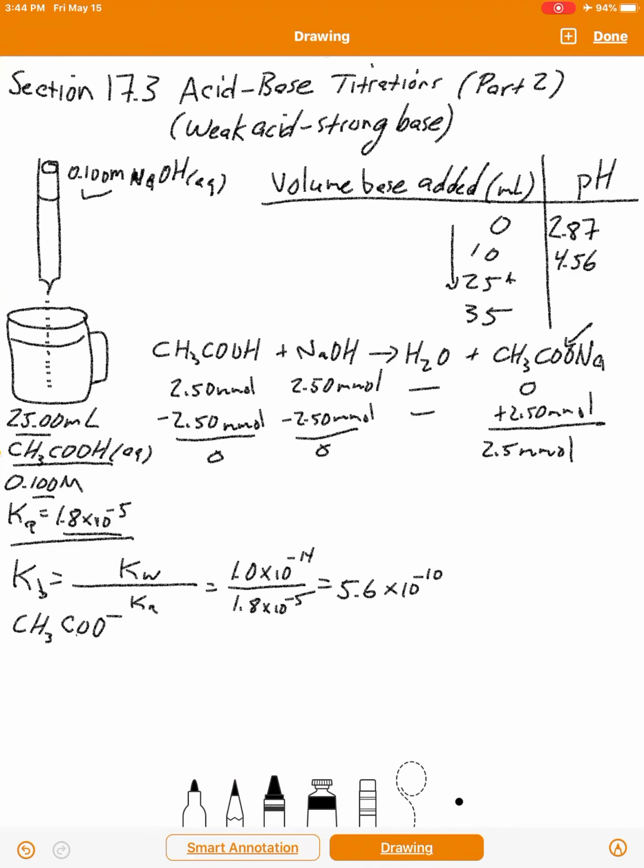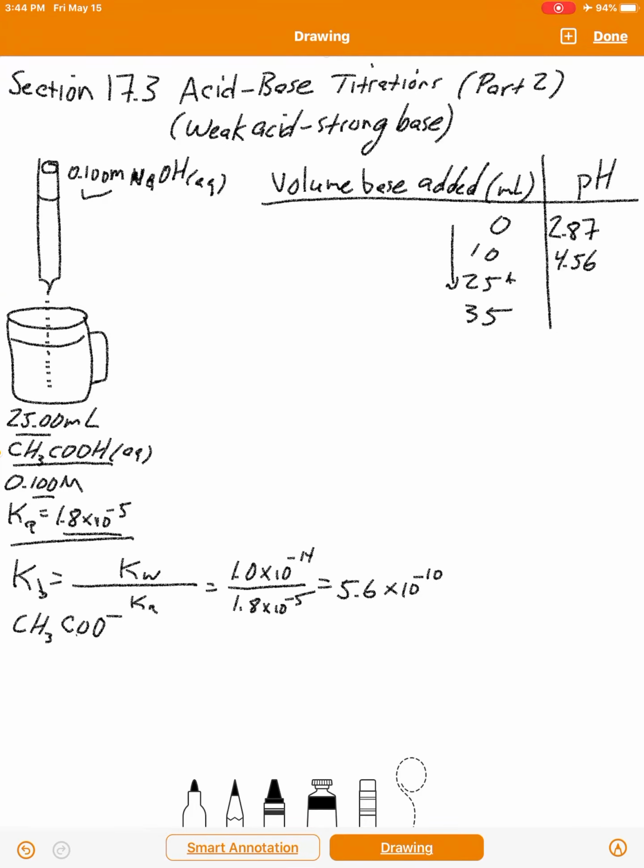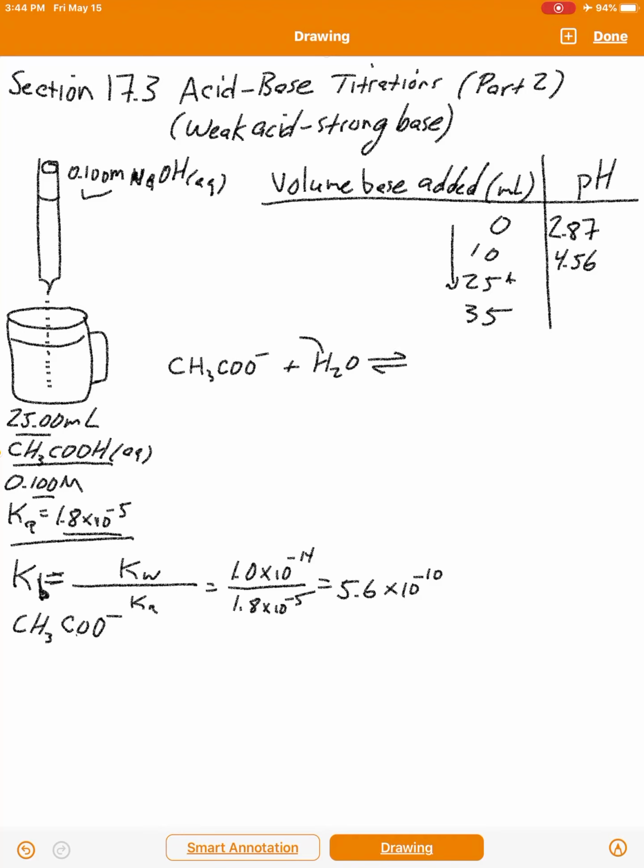How do we calculate the pH of a weak base? You may notice that this titration is running us through all the different types of things that we learned to do back in Chapter 16. It's very important information in Chapter 16 for these types of problems. So here's how we'll do it. It's a weak base. Weak bases react with water. The H plus goes from the water to the base.